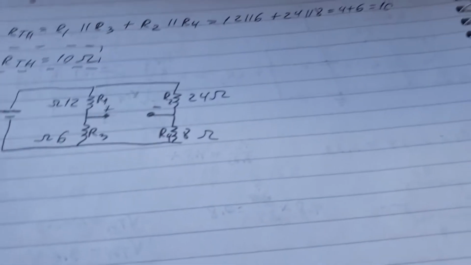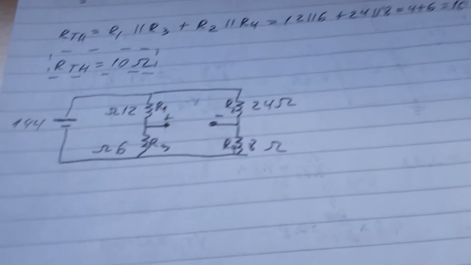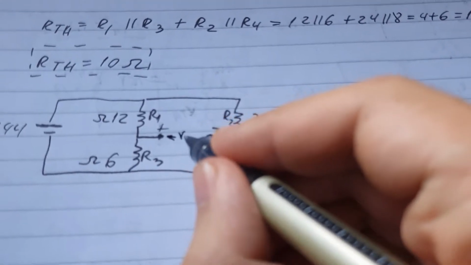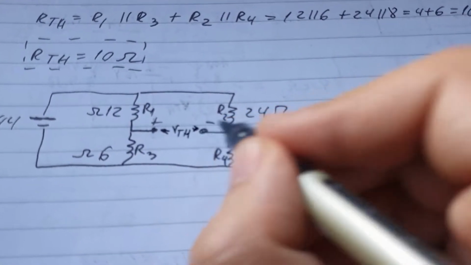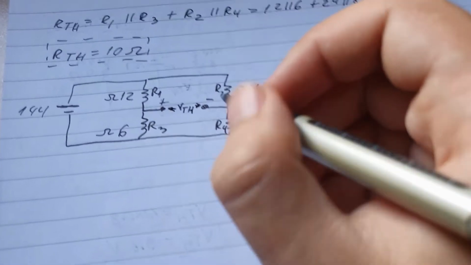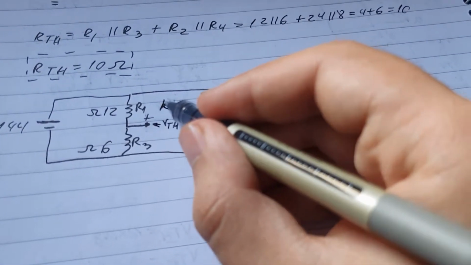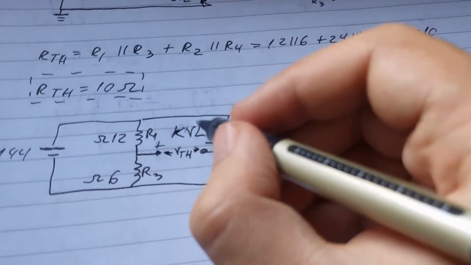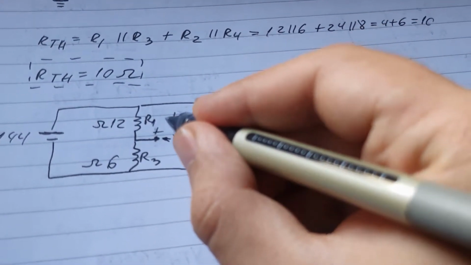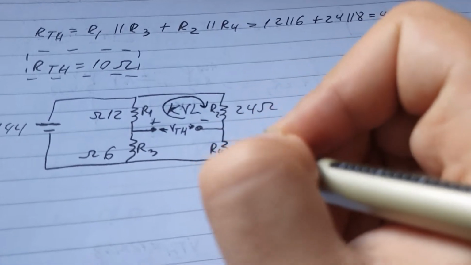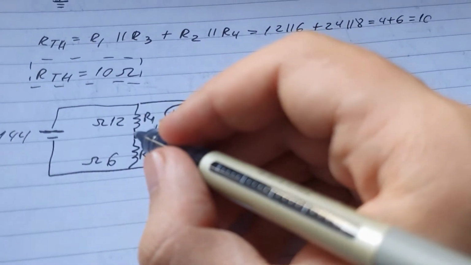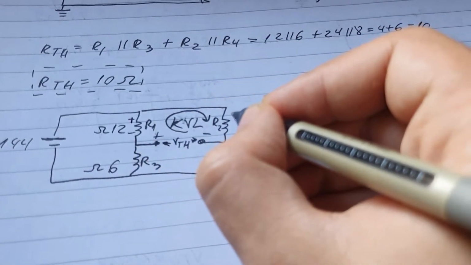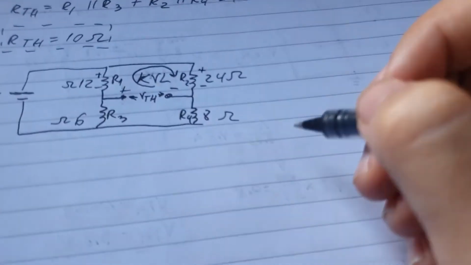But anyway, now let's find the VTH, which will be here. And to do so, we can apply Kirchhoff's voltage law, which will be flowing in this direction. Okay, so we'll make this one a plus and a minus, and this one a plus and a minus.